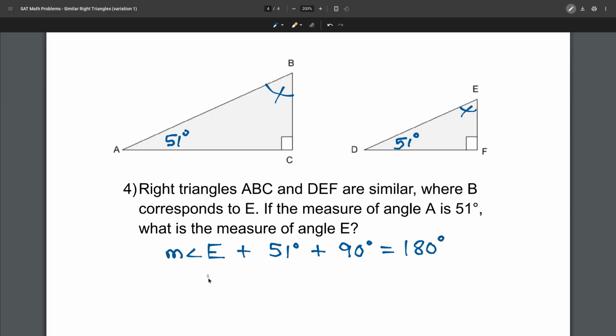Add these together. So we're going to say the measure of angle E plus 141 degrees equals 180 degrees.